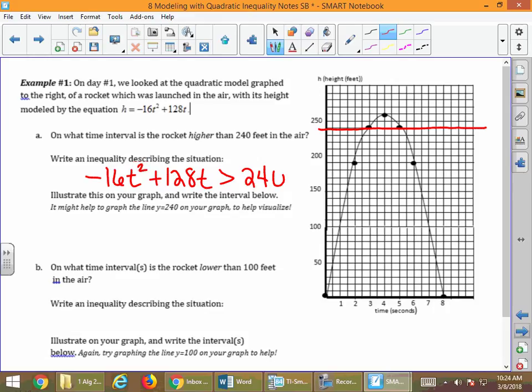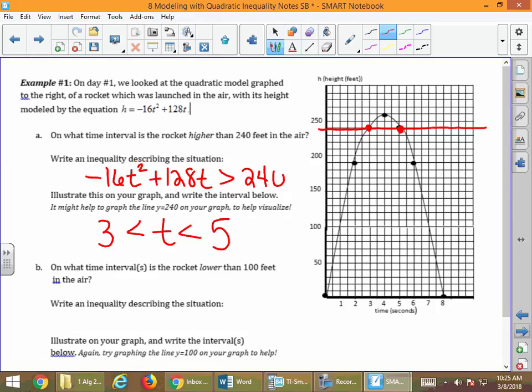The nice part is that we can see our red line intersects our graph here and there, and our time is going to be between those two points. The point to the left, if we follow it down to our x-axis, represents 3 seconds. The point to the right, if we follow it down, is 5 seconds.